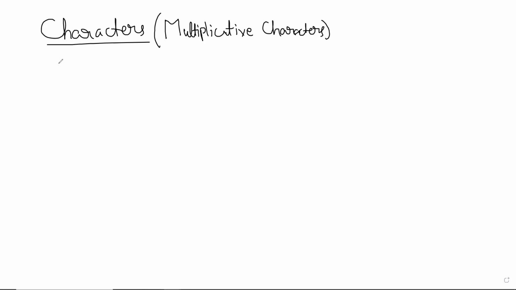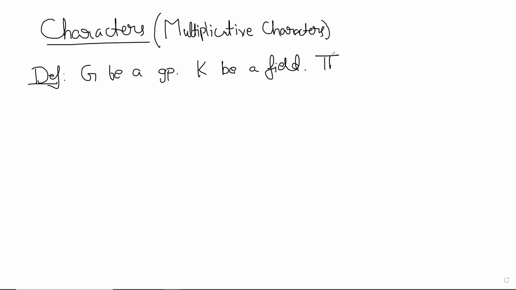Okay. So the definition. Let G be a group. I'm just copying the definition from the book. Let K be a field. Then a character is a group homomorphism.